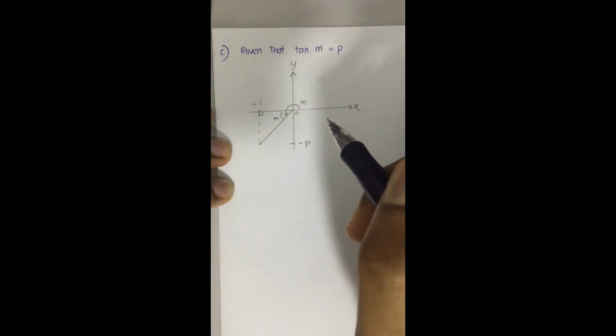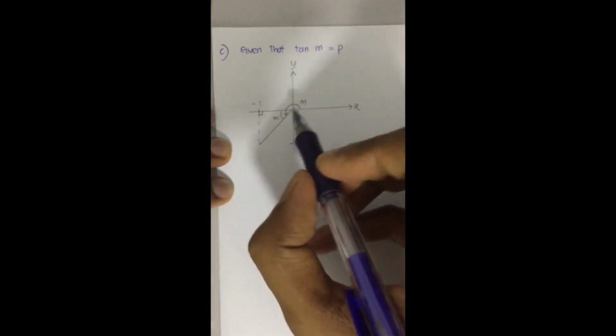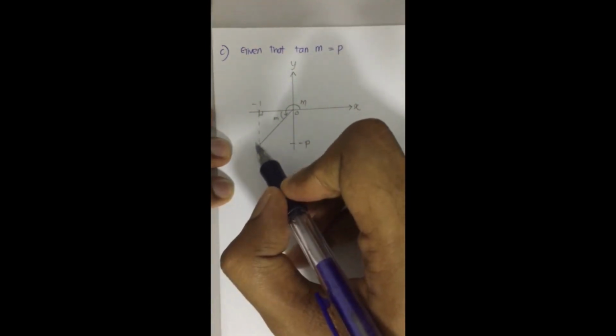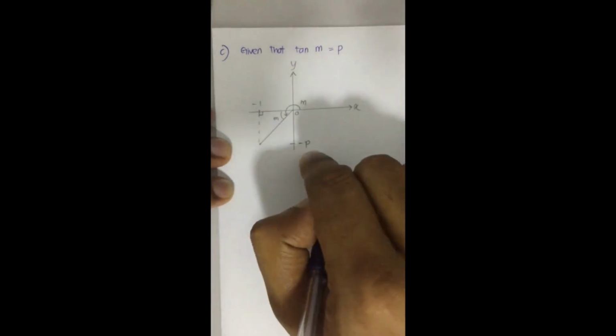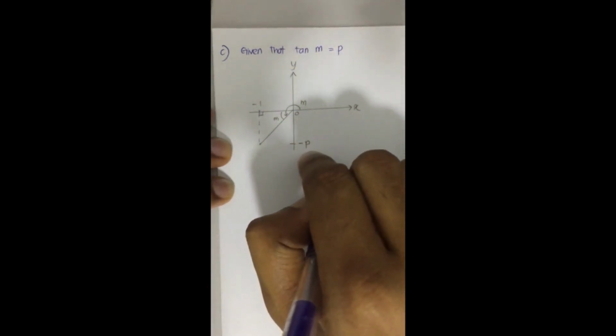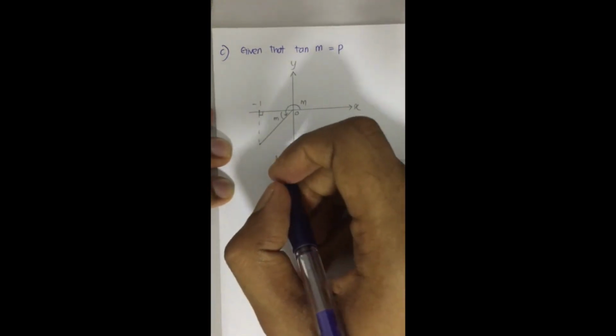We're going to use the Pythagoras theorem, which in this case is negative P squared plus negative 1 squared, and then you square root it.